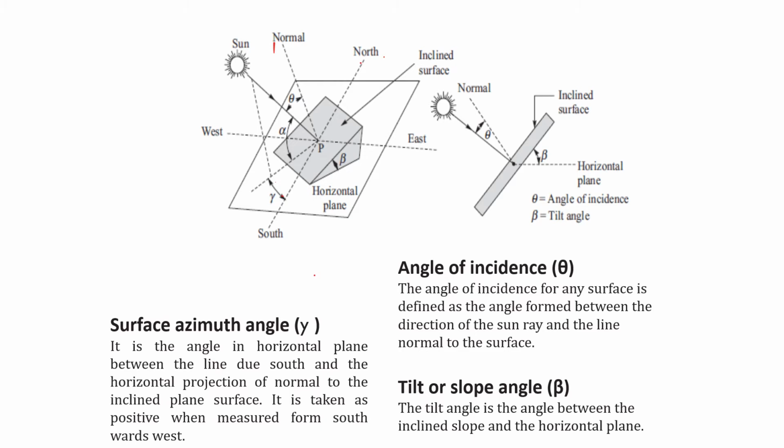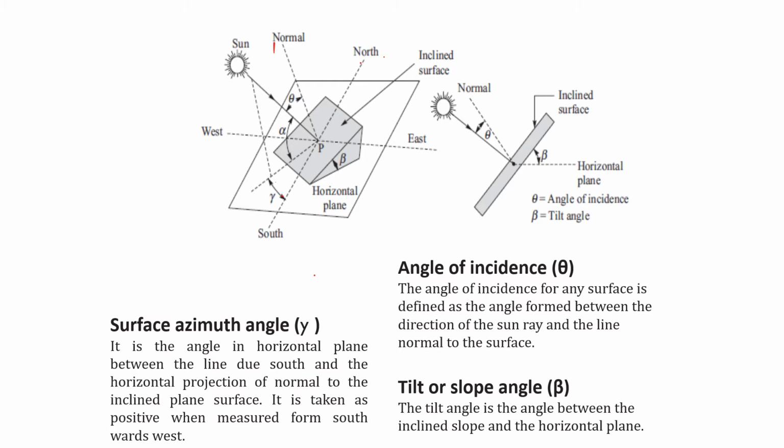It was discussed very thoroughly that if you have a tilted surface facing south or north, then you would have a 0 degree surface azimuth angle, while if it is tilted slightly horizontally in the direction of east or west, then you would have a certain surface azimuth angle. So we had discussed it.